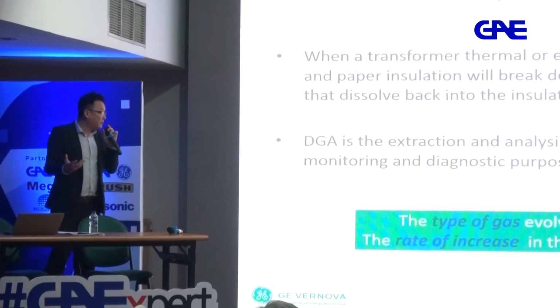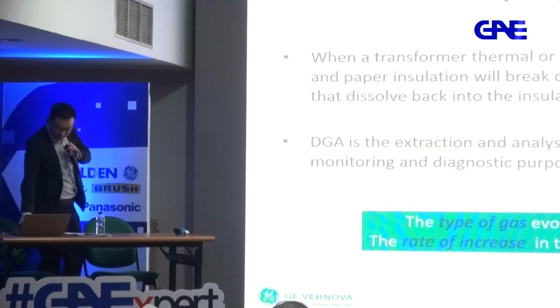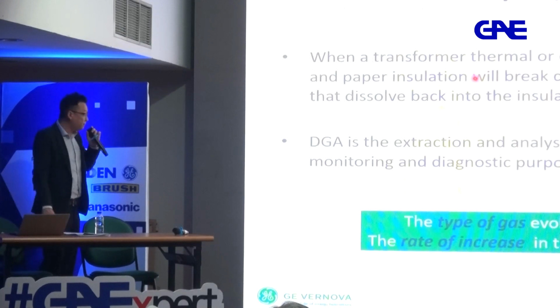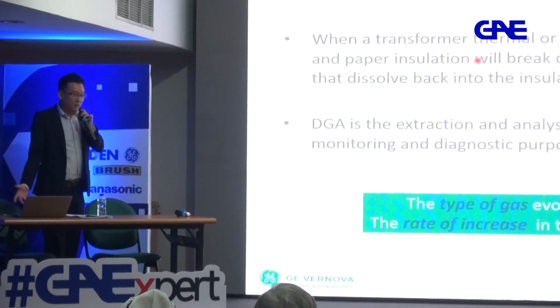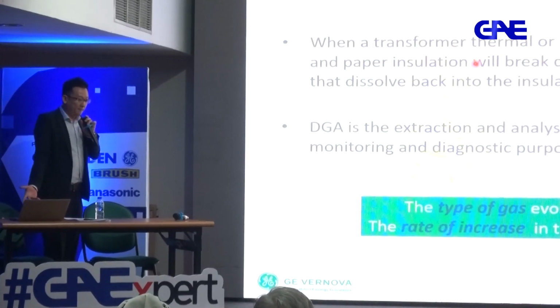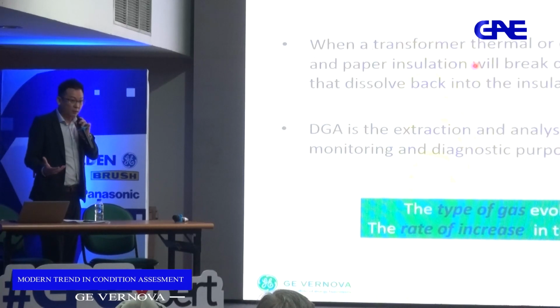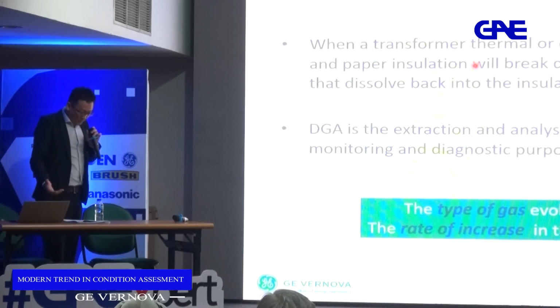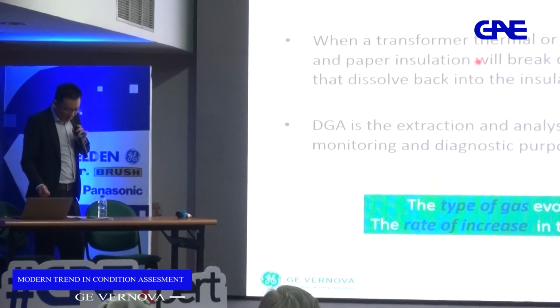A lot of times we see that there are two kinds of elements over here, as you can see: the transformer thermal decomposition, followed by electrical. Thermal decomposition we look at when excessive heat is being generated.